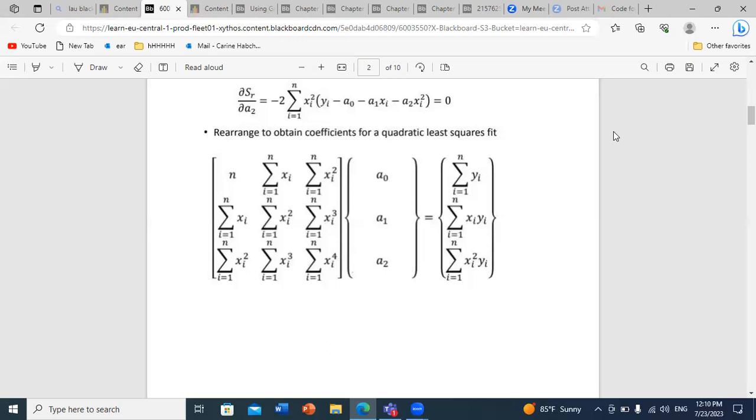The method is exactly the same. You just need to understand the method. Whatever the number of variables, you add a term and you add an equation. You derive with respect to the new coefficient. Same procedure.